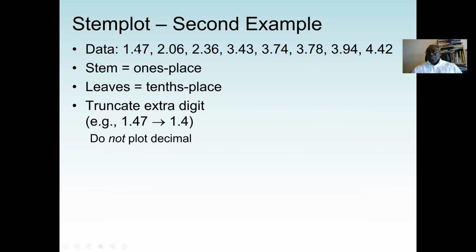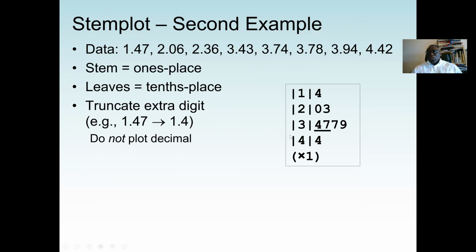The goal here in a stem plot is finding the shape of the data and possibly the range. So few decimal places like 0.01 can make a big difference. So here they say we shouldn't plot the decimal. I change 1.47 to 1.4, then I'll make the whole number the stem, the decimal number the leaf. And that's what we have here.